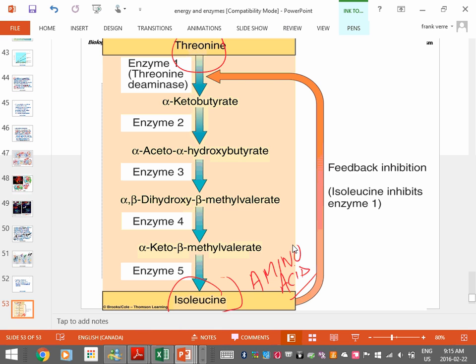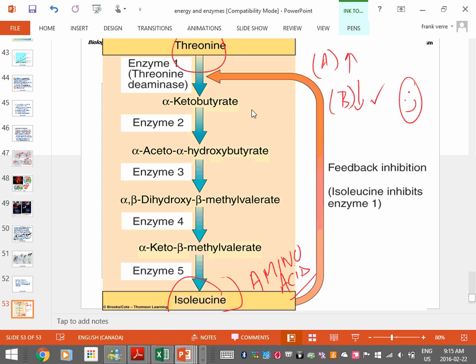So let me start with a really simple question. When would you want to make isoleucine? A, when you have lots of it. B, when you have very little of it. When would you want to make it? B, correct answer. So it's B. And I'll draw you a little smiley face.